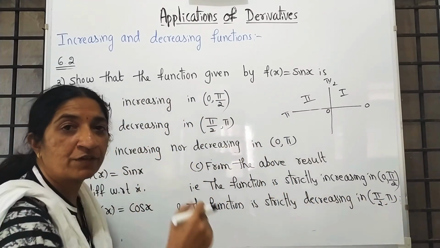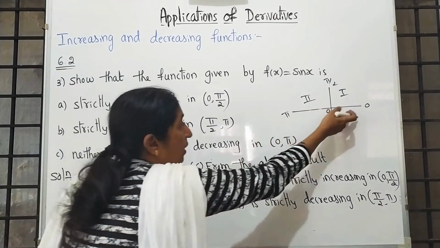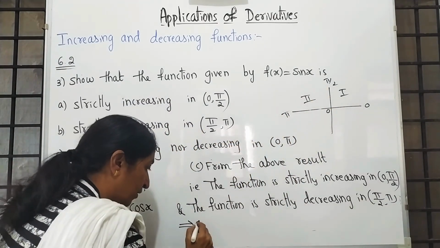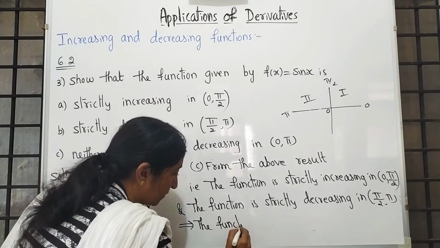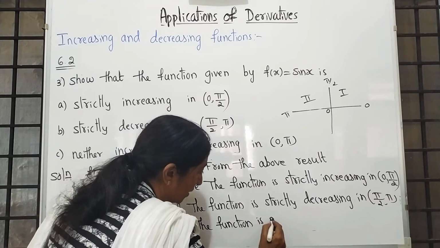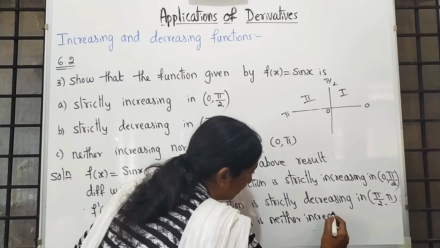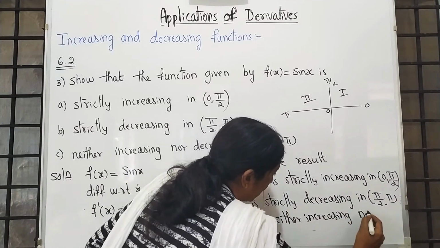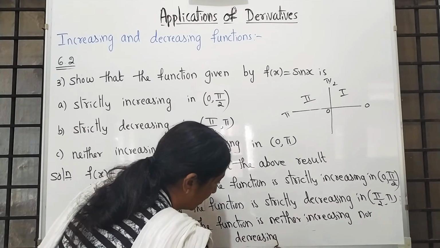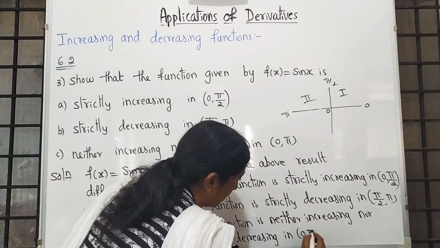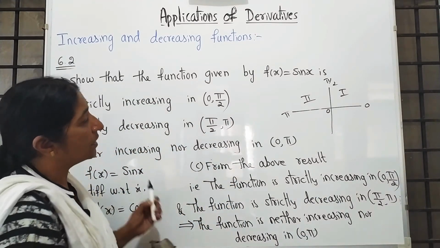That means in one half it is increasing, in one half it is decreasing. This implies that over both quadrants, the function is neither increasing nor decreasing in 0 comma pi. See, is the sum interesting or what? Yes, it is interesting and it is easy also.